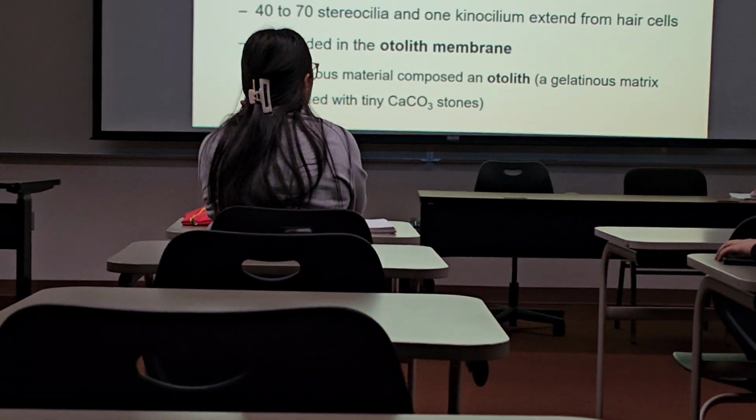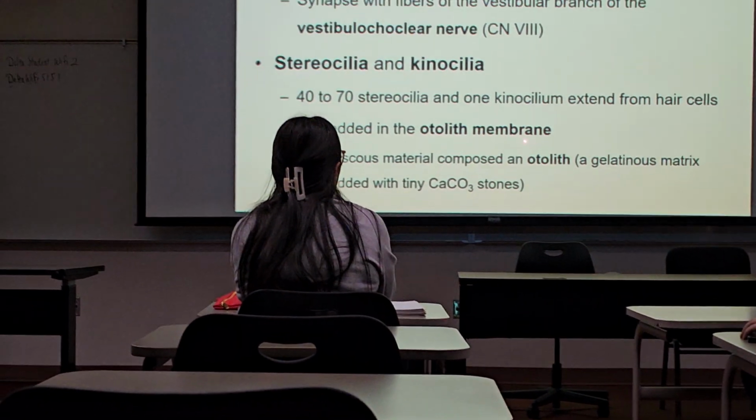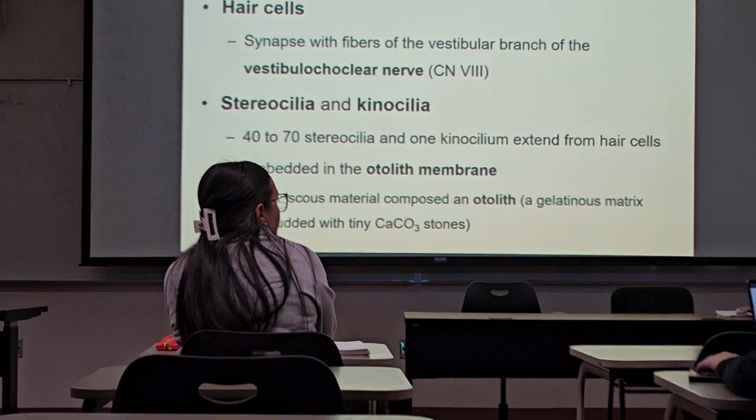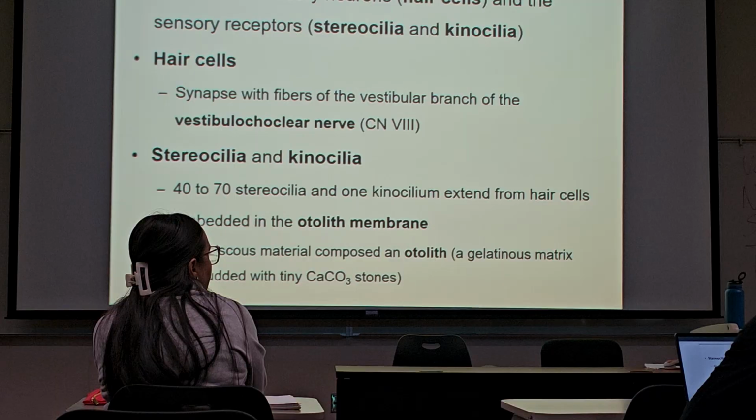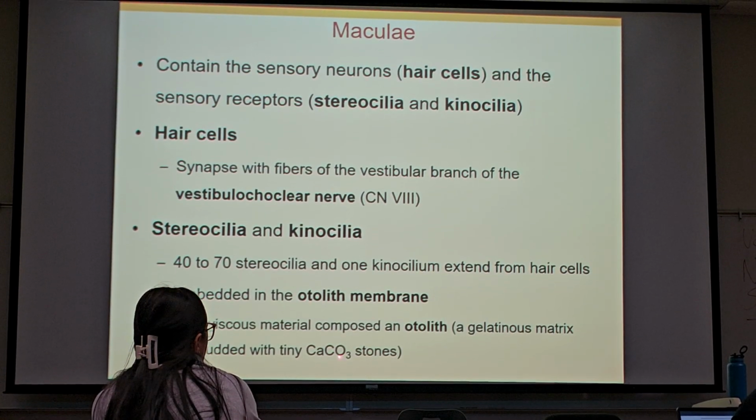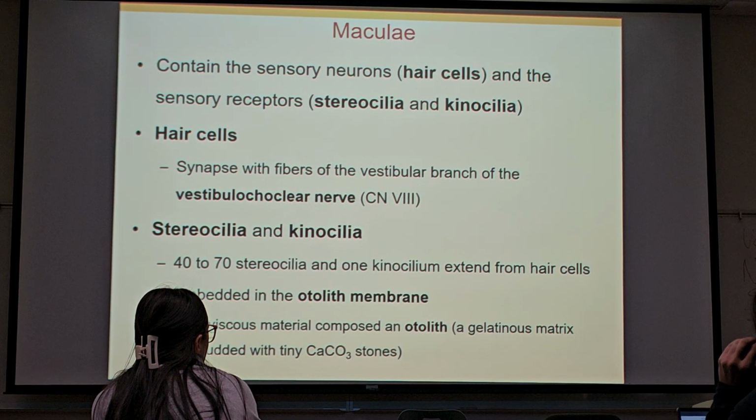They extend from the tops of the hair cells and are embedded in a membrane on top of them. This membrane is called the otolith membrane. It's a gelatinous matrix that has all these calcium carbonate stones in it.